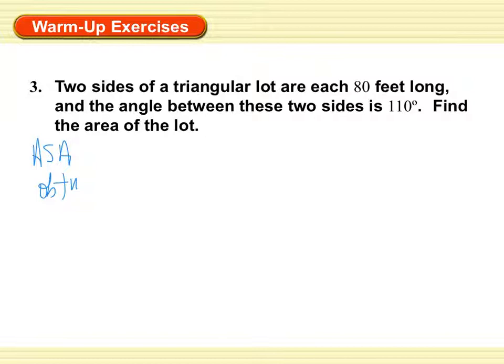Back to page 586, and when I have angle, side, angle, I can just use the law of sines. So 110, 80, 80. We can call this A, angle B, side B, angle C, side C.